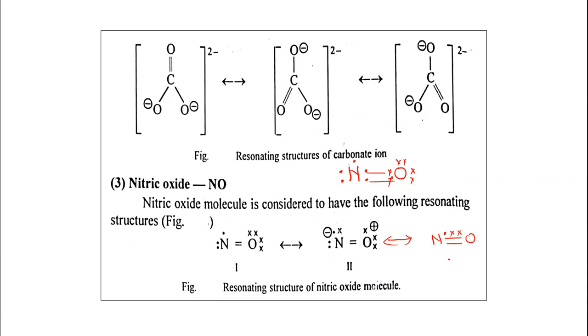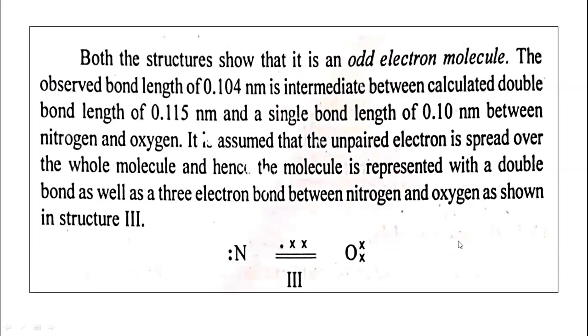Remember that when we represent the structure, the number of electrons cannot be changed. These two electrons remain on this. So this is the third possible structure, because you can see it is an odd electron molecule.